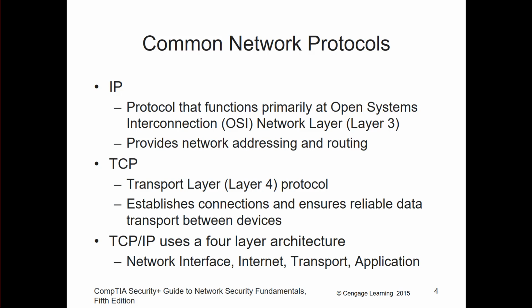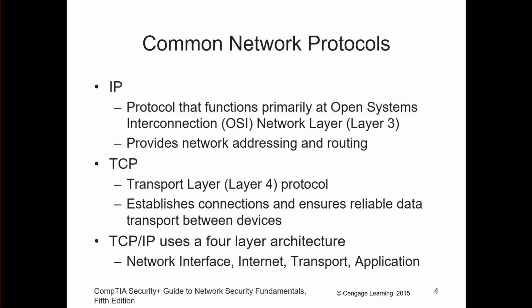TCP/IP also has its own model, and it is a 4-layer architecture broken up into 4 distinct groups: network interface, internet, transport, application. When you compare OSI to the TCP model, they line up pretty closely. Layers 7, 6, and 5 line up to application.